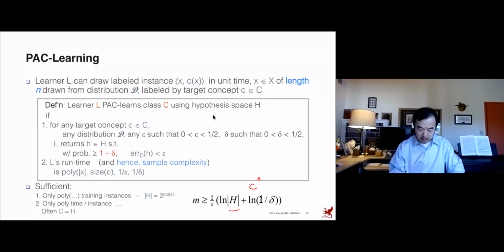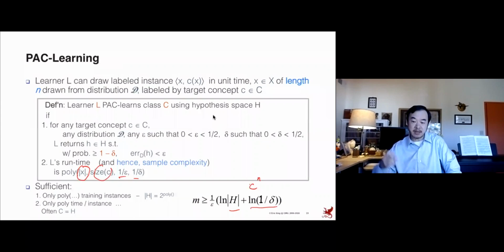The polynomial is not only in the size of the feature, it should also be polynomial in the size of C, which is the number of ways you can label, and also in 1 over epsilon and 1 over delta. And here, of course, we see an even better outcome: it's the logarithm of 1 over delta. That's actually an even better number in terms of qualifying the m.